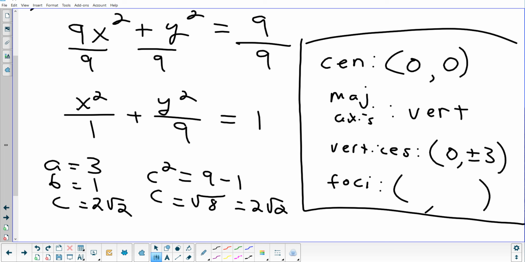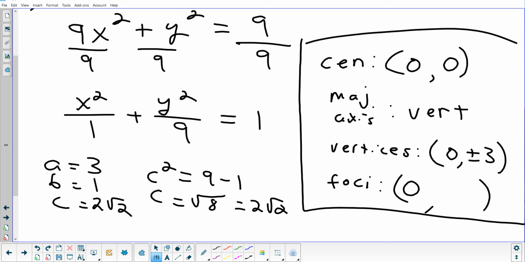Yep, 2√2. The foci are 2√2 units away from the center. And we just have to make sure that they are in a vertical orientation, not horizontal. So can you tell me what the coordinate would be for my foci? 0, 2√2.